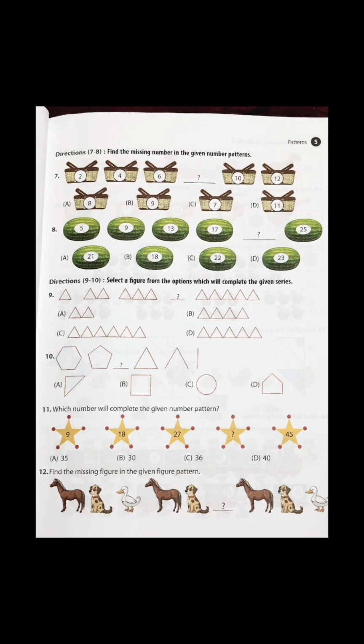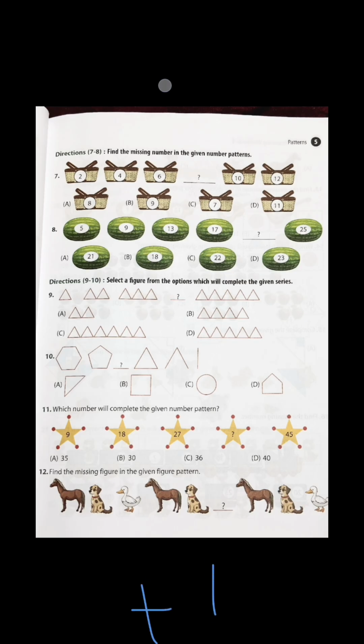Now we have got direction for question number 9 and 10. The direction is: select a figure from the options which will complete the given series. So first is 1, then 2, then 3. So it is ascending order. Do you know what ascending means? It means adding 1 to every digit.